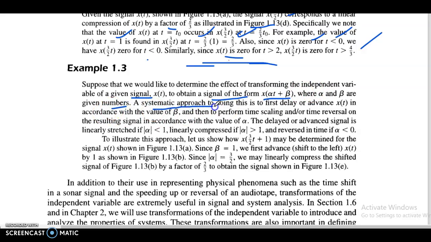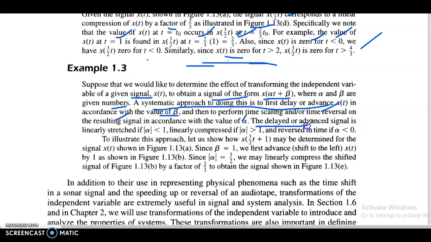A systematic approach is first delay or advance x of t in accordance with the value of beta. Then perform time scaling and or time reversal on the resulting signal in accordance with alpha.